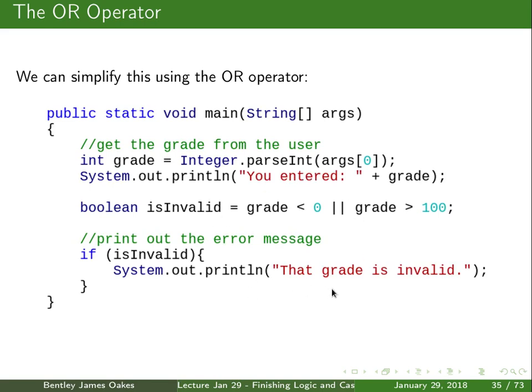It's the same thing as before, but this time I shorten it down, and then I'm storing in is invalid the result of testing, is your grade less than 0, or is the grade greater than 100? So if the grade is less than 0, or the grade is greater than 100, then we'll do that instruction.